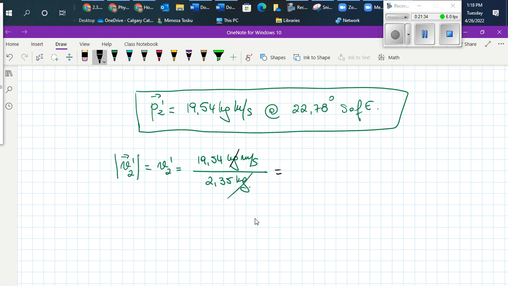So kilograms and kilograms cancel out, and then we divide 19.54 by 2.35, which is 8.31 meters per second at 22.78 degrees south of east.